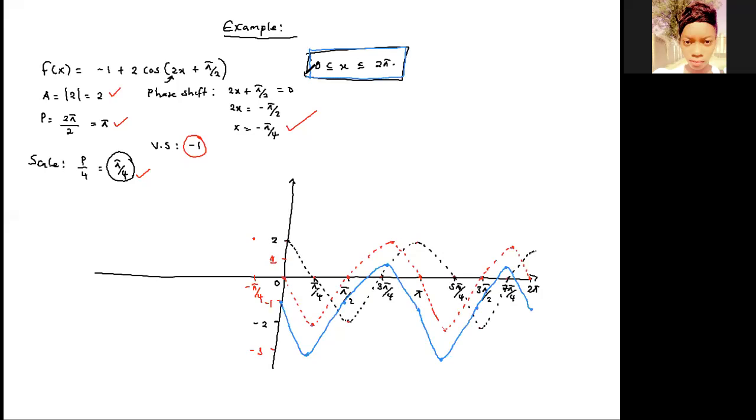The question says you must sketch from 0 to pi. Okay, so that's how we sketch these types of functions. So this was cos.